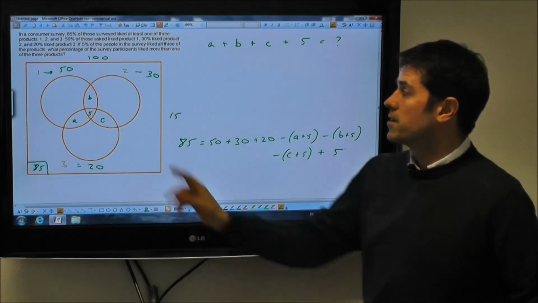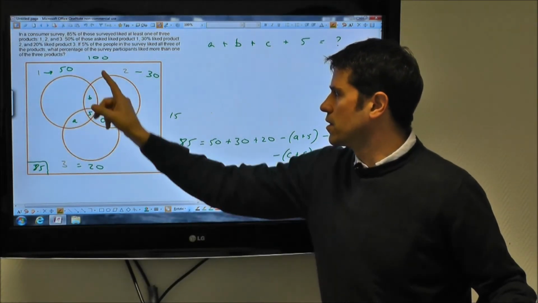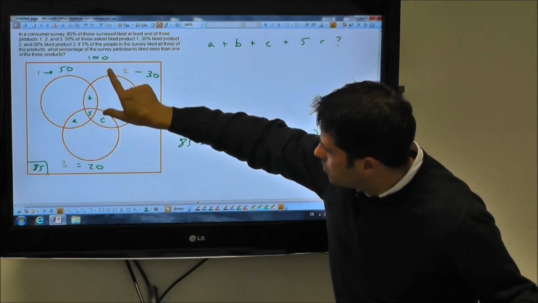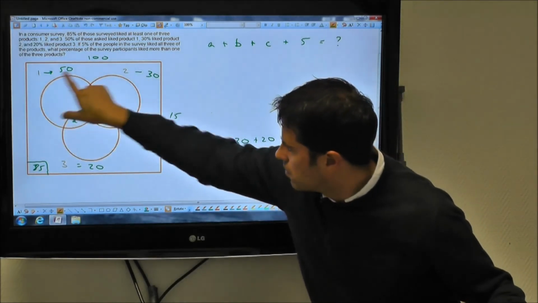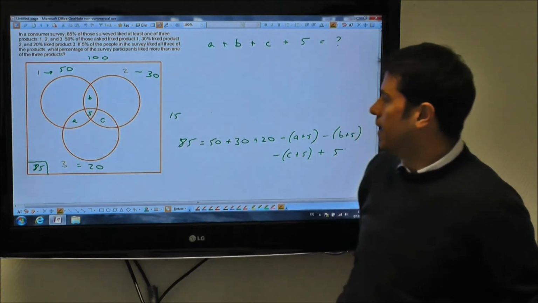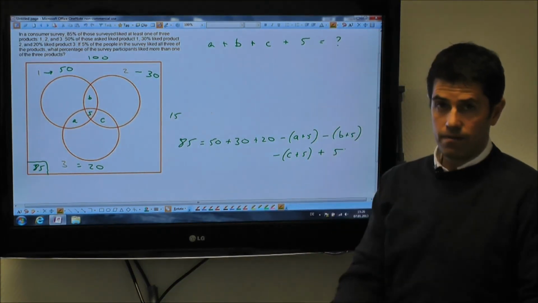So as the formula says, it's this circle plus this circle plus this circle, minus the combinations of 2, where two circles overlap, that's B plus 5 or A plus 5 or C plus 5, and then finally plus 5.